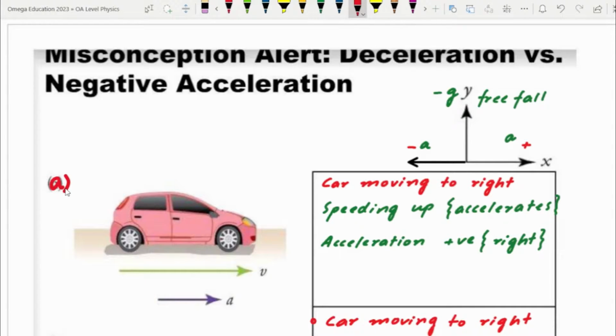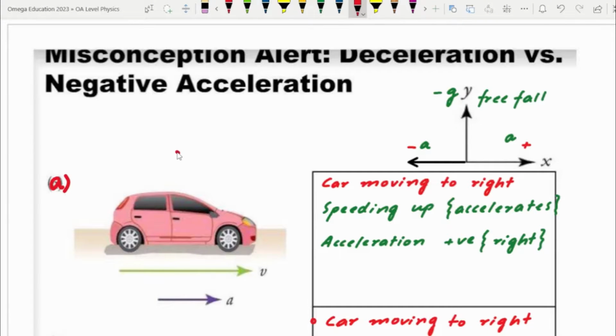You have a vehicle which is moving to the right side, and the car is speeding up. So if the car is speeding up, the acceleration would be positive. Why?